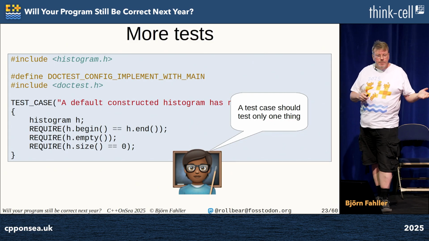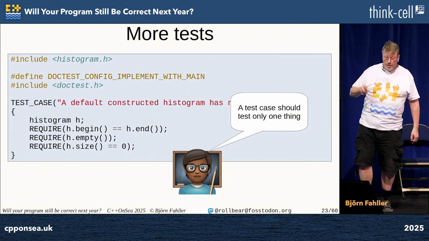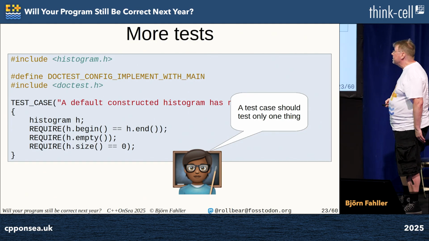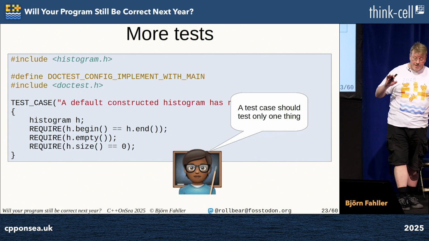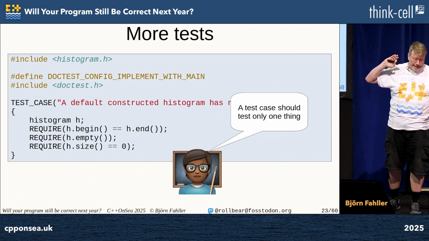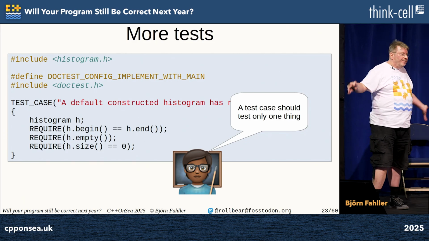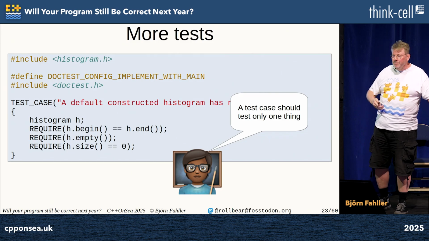Is that right or wrong? Personally, I'm fine with this, but there are some developers who I hold in very high regard who think that this is not okay. These should be 3 separate tests. We have different views, it's not the end of the world. Do what works for you.